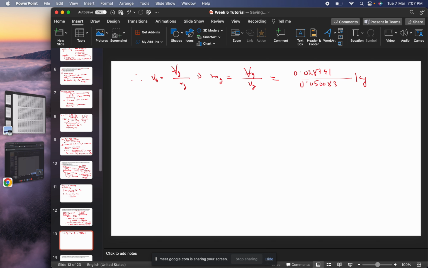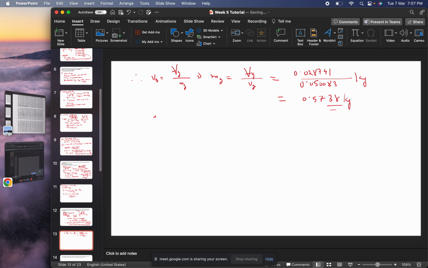So that will be in kg, 0.5738 kg. So this is the mass of the gaseous steam present.